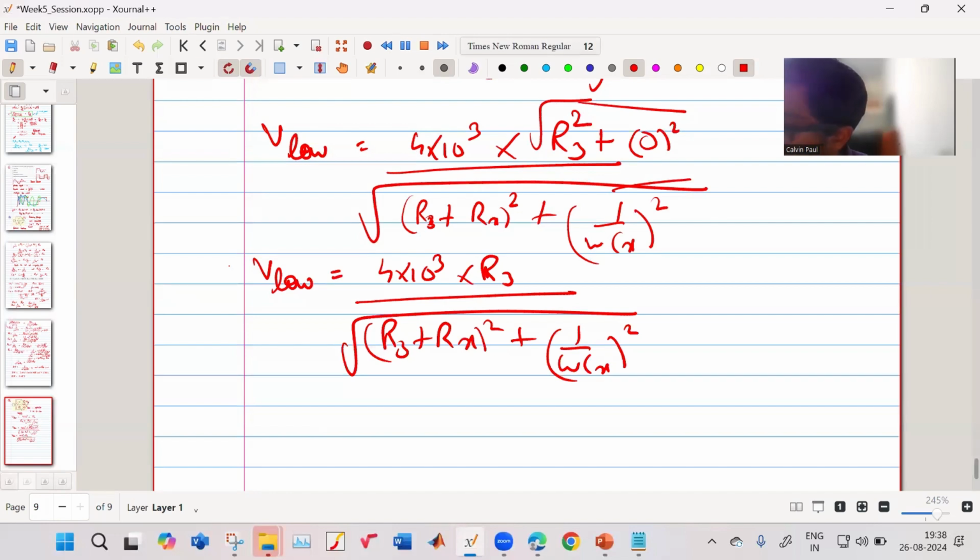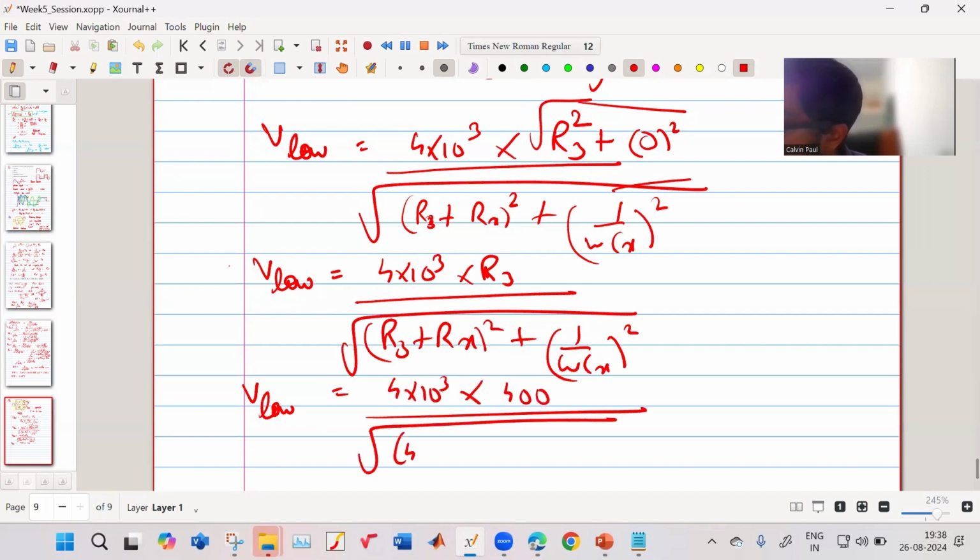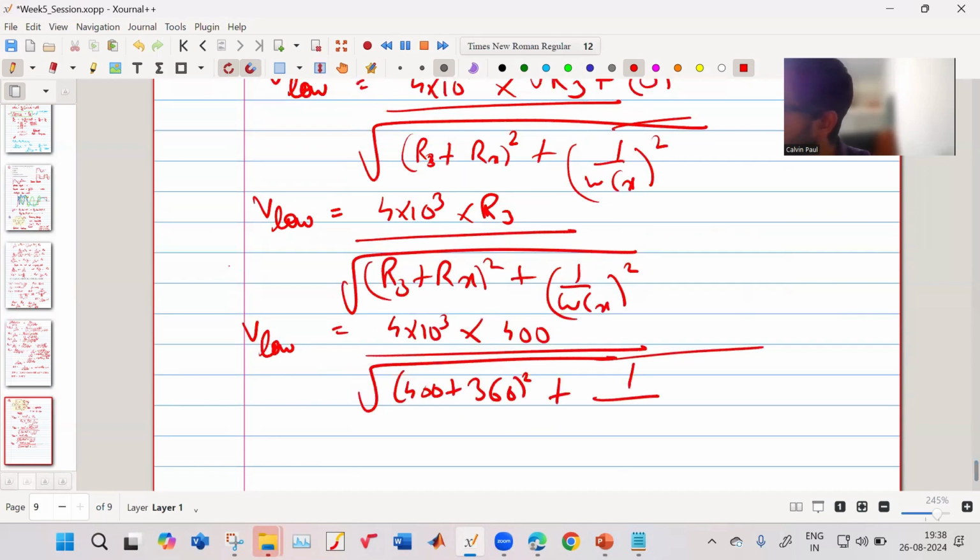So V low is 4 into 10 to the power 3 into 400 upon square root of 400 plus 360 square plus 1 upon 2 pi into 60 into Cx, which is 0.425 microfarad, whole square. So what is the answer of this?